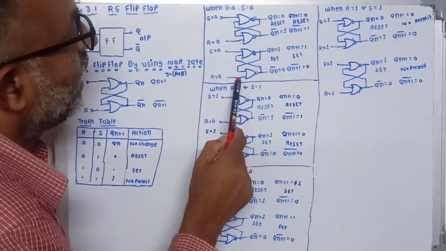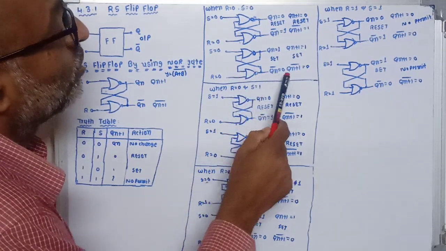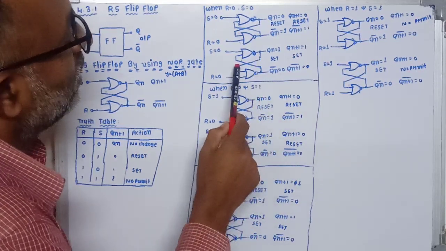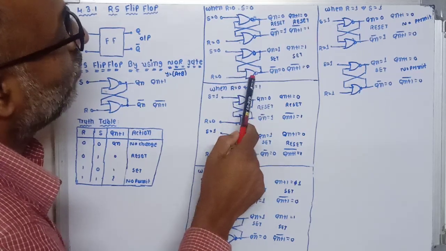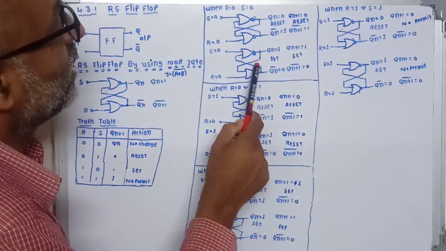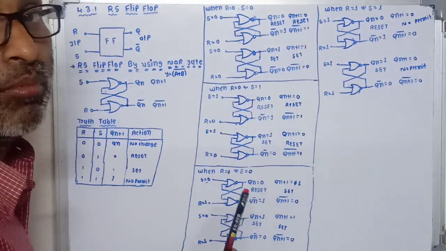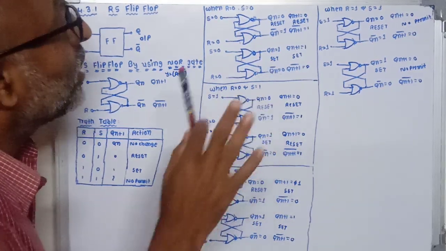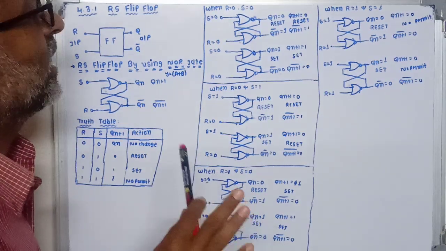So here 1 and 0: 1 plus 0 is 1, and its bar is 0. So our new output is 0. Now this 0 is available at the first gate, so 0 plus 0 is 0, and its bar is 1. So our flip-flop is in steady state condition. So you can say that in this condition our flip-flop remains in set condition.